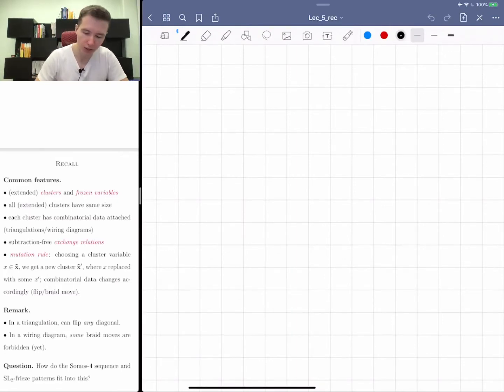So let me first remind you what I did in the previous lecture. I was summarizing examples of cluster algebras, and there were several examples, but they all have the following common features. There were many things in common, but some things were different.